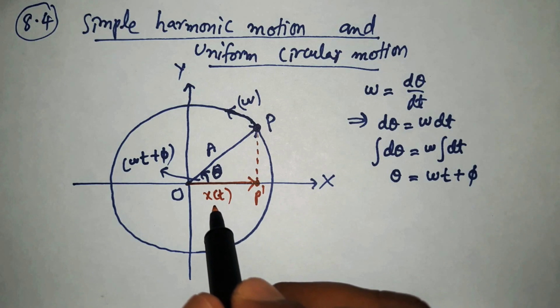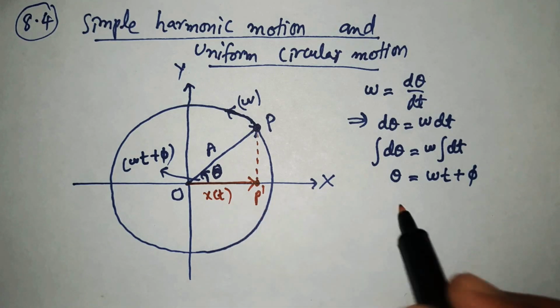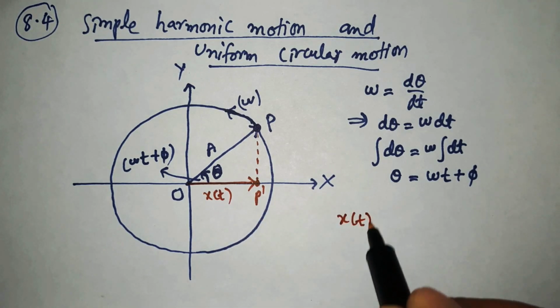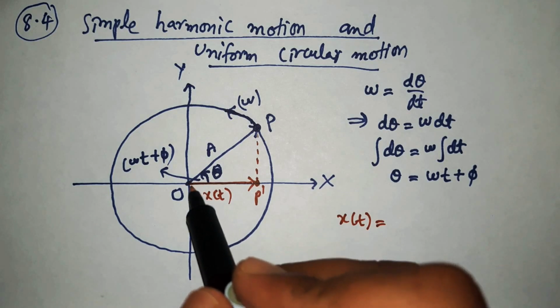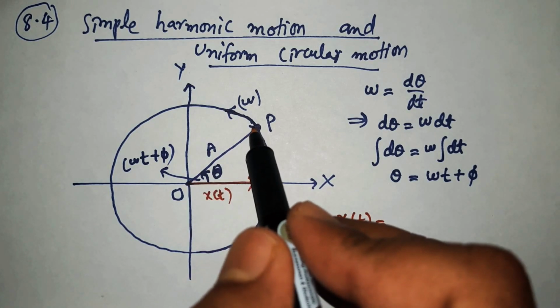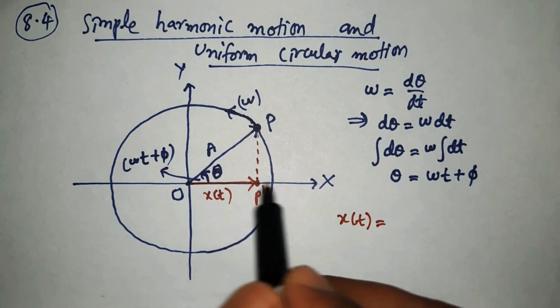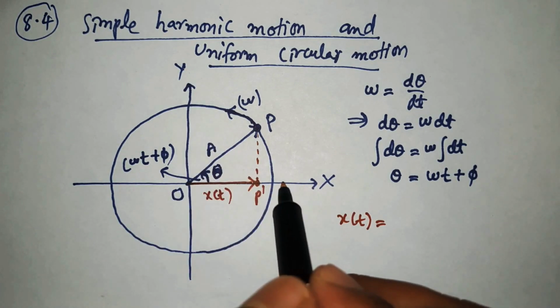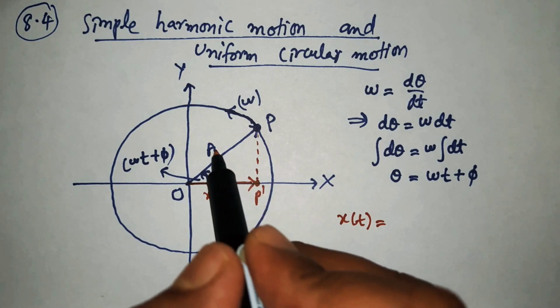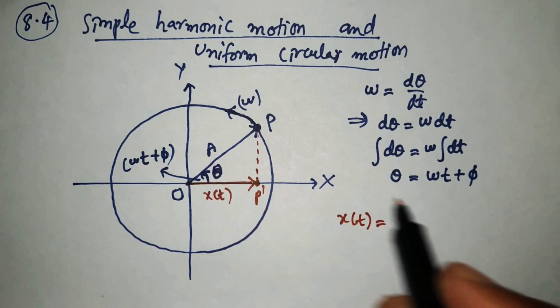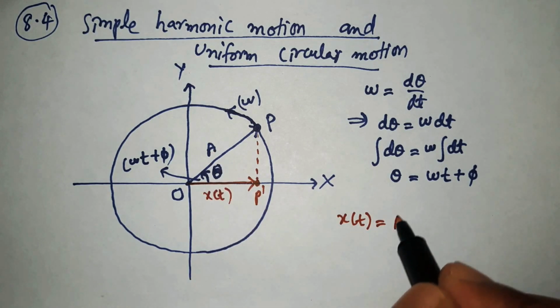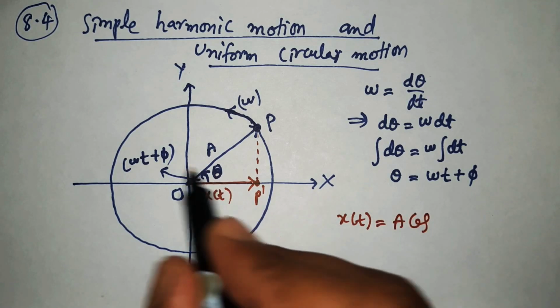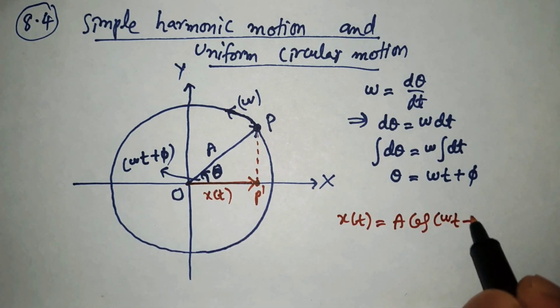How can we find the x of t value? If we resolve OP bar into two components, along x-axis and along y-axis, theta is this side, so this component is a cos theta. So x of t is equal to a cos theta, where theta is equal to omega t plus pi.